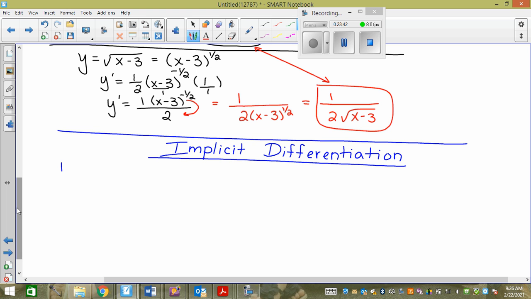If I say determine dy over dx, that's me asking you for the derivative of y with respect to x. So y is on the one side, x's are the other variable, right?